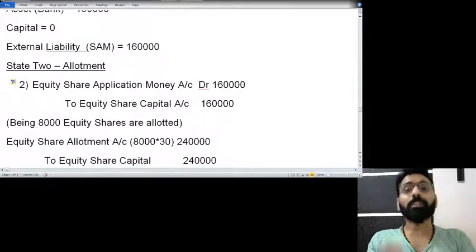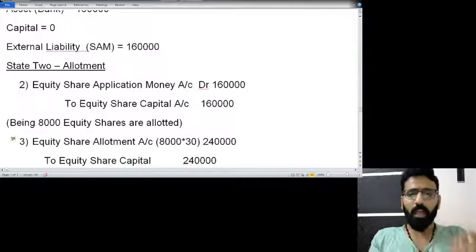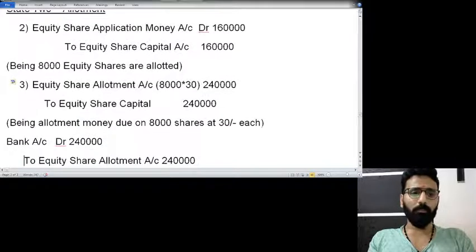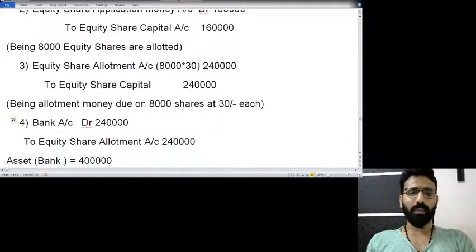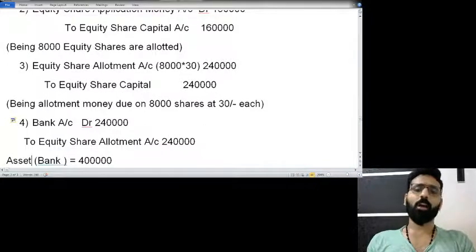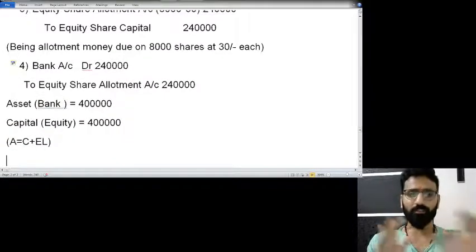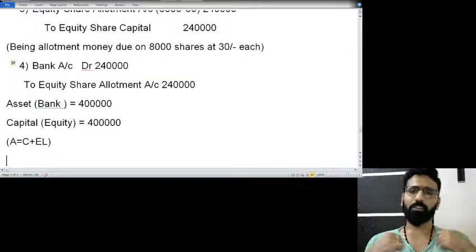Since we allotted, and then immediately we call the allotment money due to capital, and when you receive the money, the 4th entry you passed is bank to equity share allotment account. So all is done and after the second stage your assets are equal to your liabilities. My accounting equation perfectly matched.